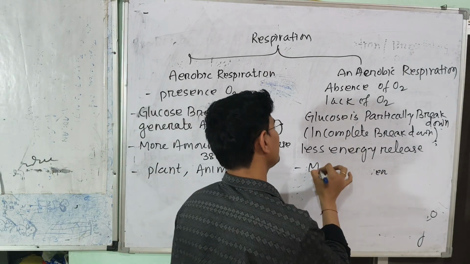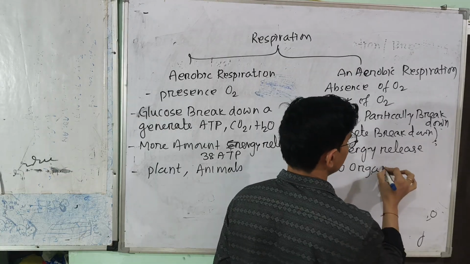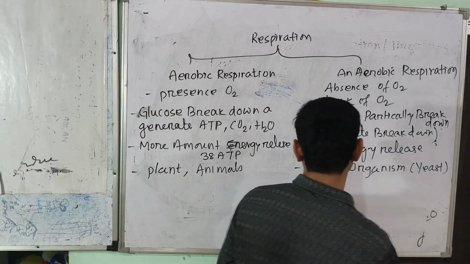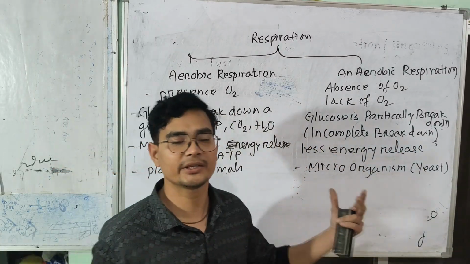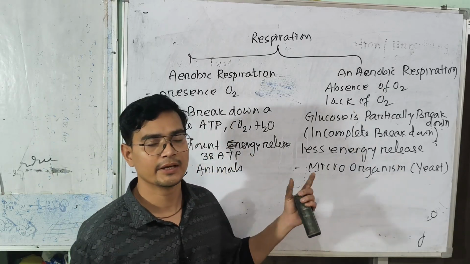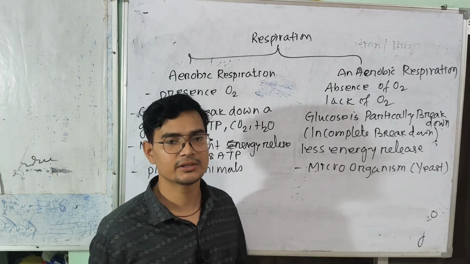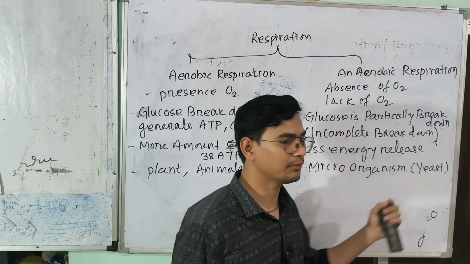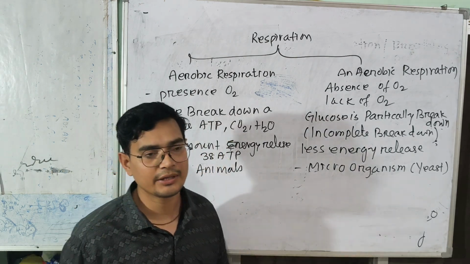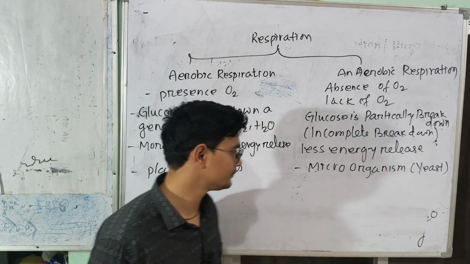Anaerobic respiration occurs in microorganisms, for example yeast. In the baking industry yeast is used, and we make idli and dosa with it. Yeast helps make our food and generates carbon dioxide, so our idli or dosa is spongy.